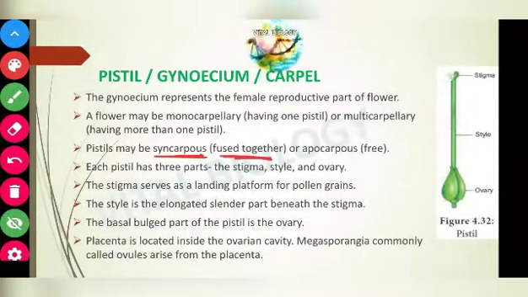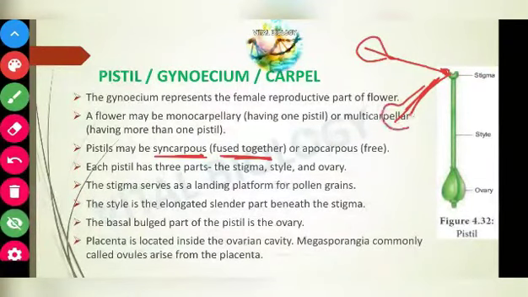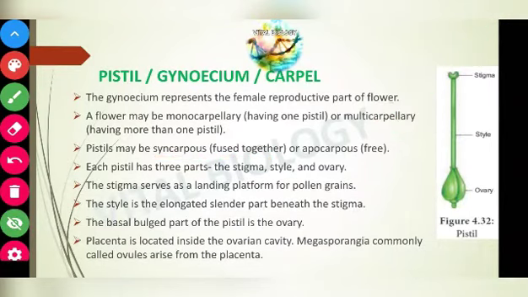If the pistils are fused together, here one pistil and here one pistil, bulged like structure, fused in this way, then it is called syncarpous. Or if it is not fused and it is present only in this way as a single pistil, then it is called apocarpous. These are the important points you should note down in your notebook.